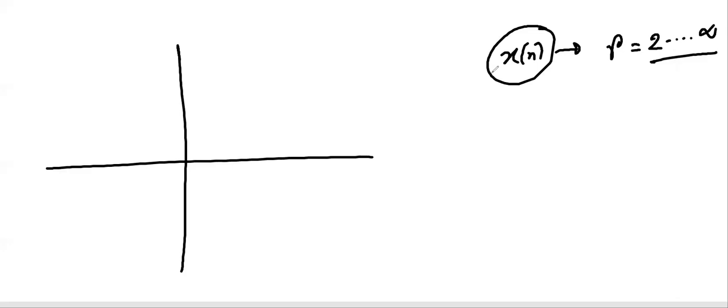of the Z-plane representation. So let's say for any arbitrary input x[n], if for r equals 2 and more than 2, so from 2 to infinity, that is the range of r for which the signal is stable, or you can say the system is stable, then how can we represent that thing?